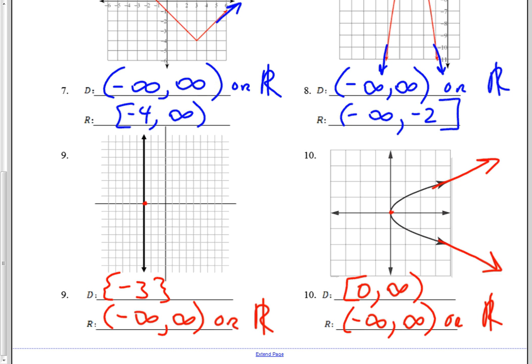When you're done with your corrections, staple all of that stuff together with the quiz and hand that in. That's the only thing I need today, is your corrections. This is what I'll collect on Thursday.